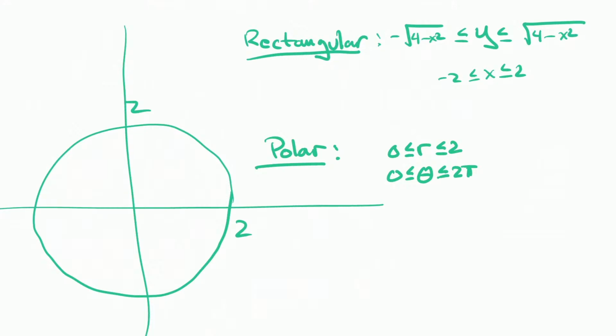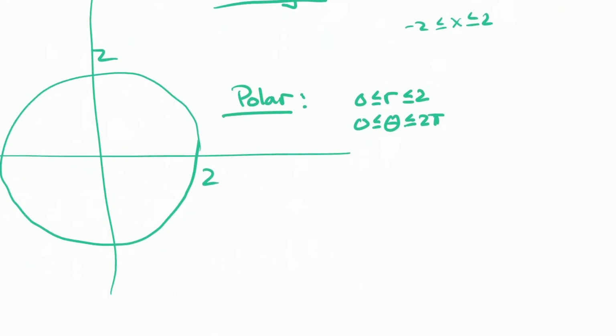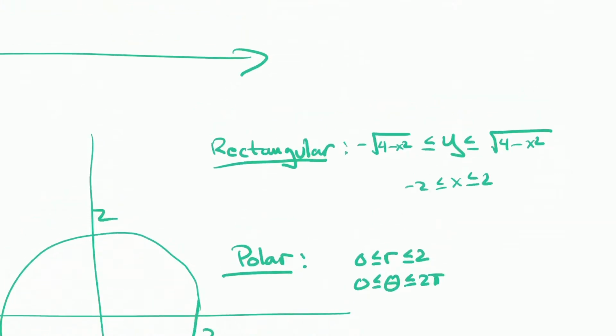Now, there is a price. The price you're going to pay when you change to polar form is that we're going to have to deal with the fact that our points are now polar coordinates, and areas don't work out the same as they do in rectangular coordinates. But that's a low price to pay to have constant limits. Let me just show you how beautiful this is. Back in rectangular land, here's what this would look like.